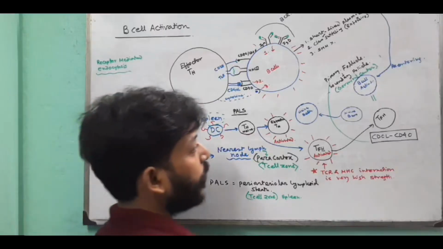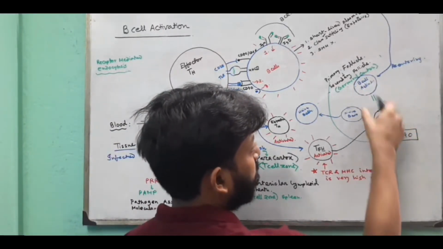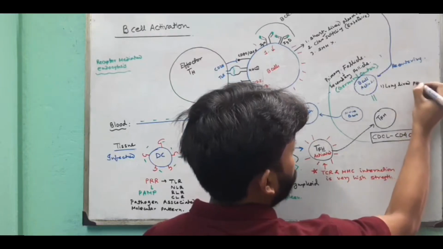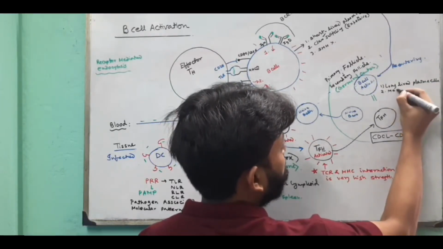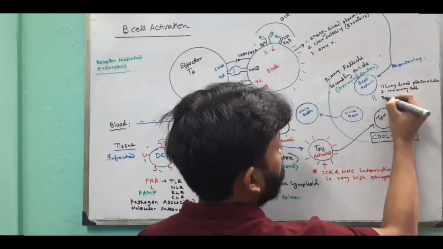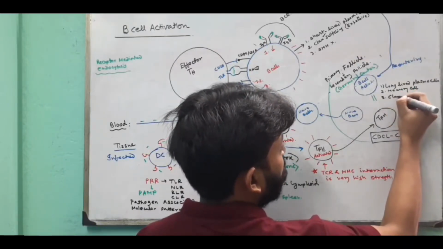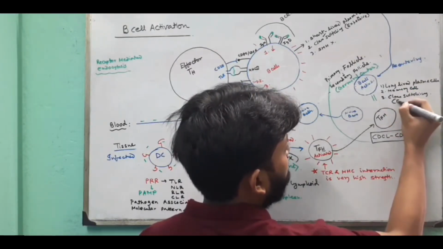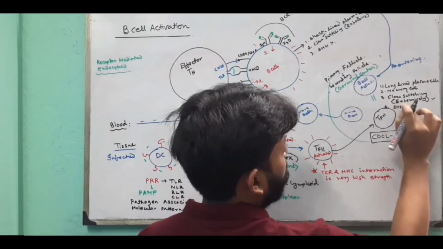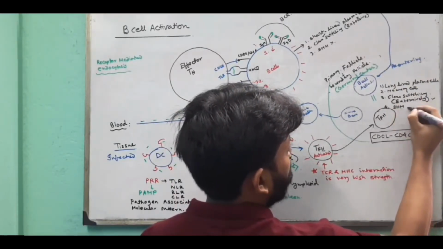When this B cell and T helper cell interact, the B cell becomes a long-lived plasma cell. Some plasma cells become memory cells. Then class switching starts to occur very extensively, and the fourth thing is that somatic hypermutation occurs.